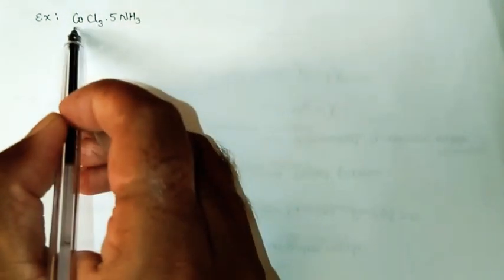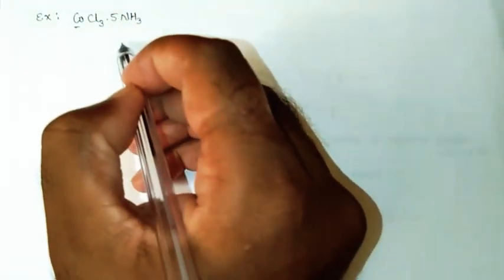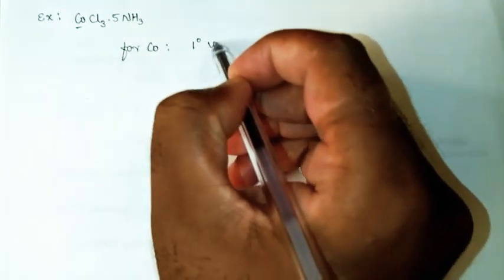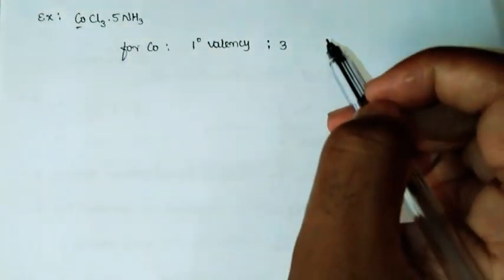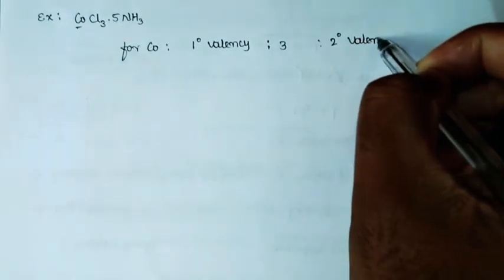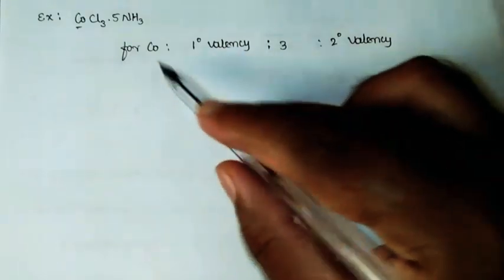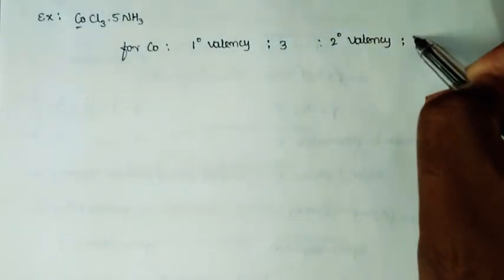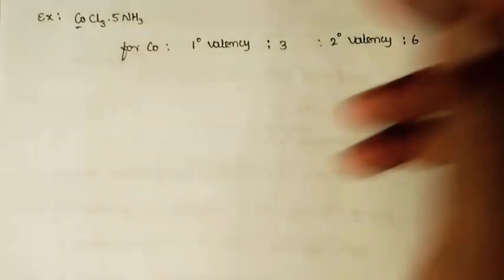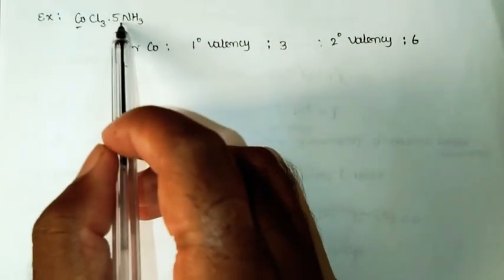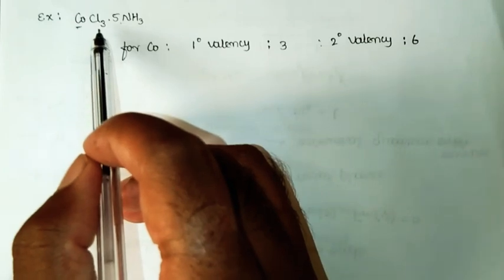Here the central metal ion is cobalt, and for cobalt the primary valency is 3. That means cobalt is existing in +3 oxidation state, and as we already said, the secondary valency of each and every central metal ion is fixed, and for cobalt it is 6. But here for cobalt we have 5 plus 3, 8 constitutional components.